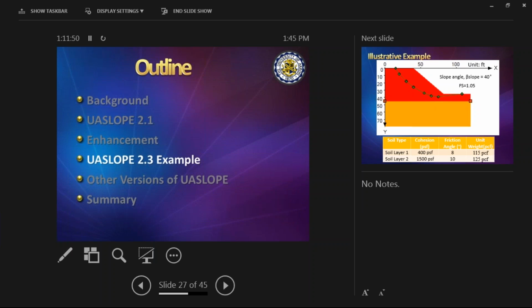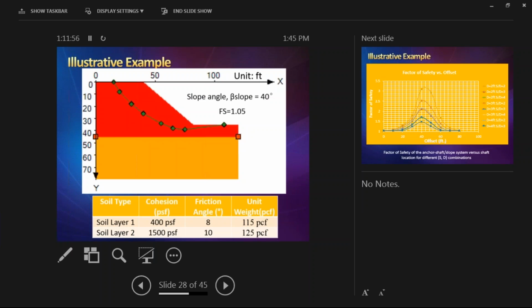Okay, so here I very quickly go through an example. This is a very simple-minded example. Here is a 2-layer slope system, and we use the program to identify the critical failure surface with a factor of safety of 1.05. So this is a slope that is on the verge of failure. Right?